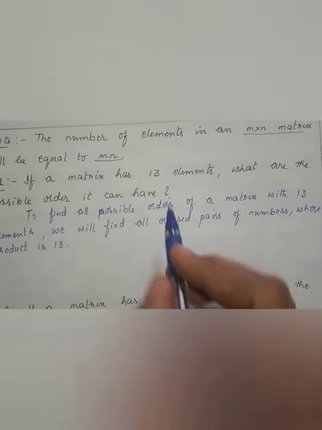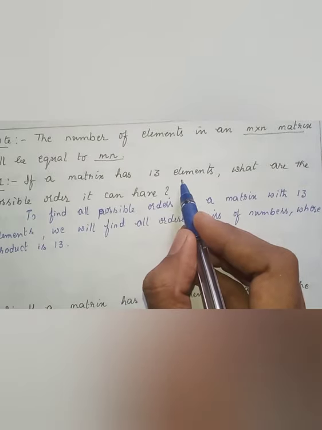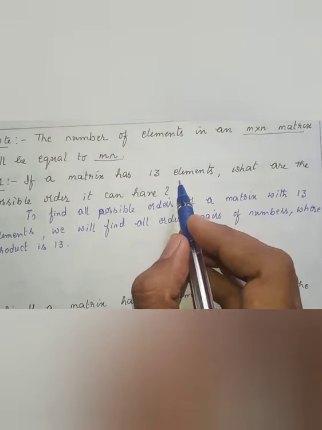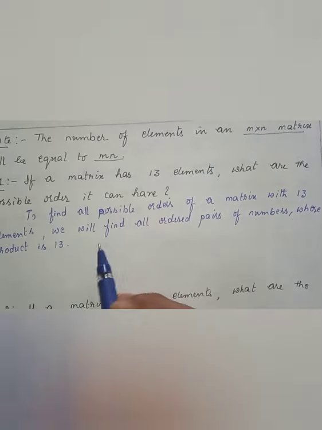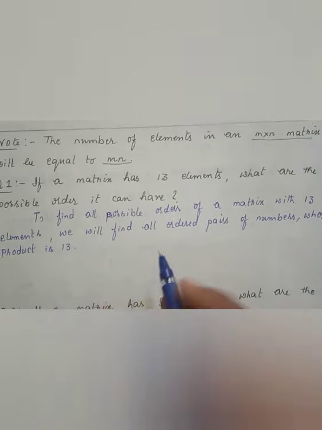And one more thing: 13 is a prime number. Therefore, the possible ordered pairs are either 1, 13 or 13, 1.